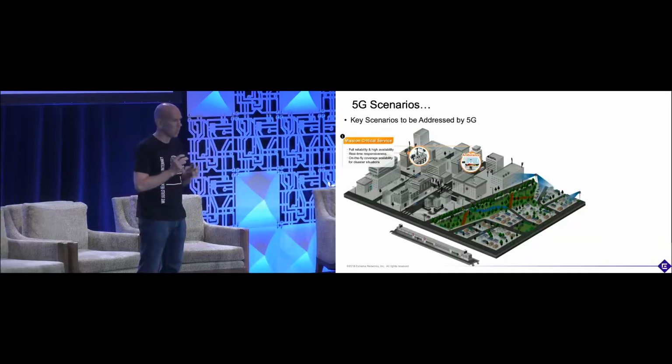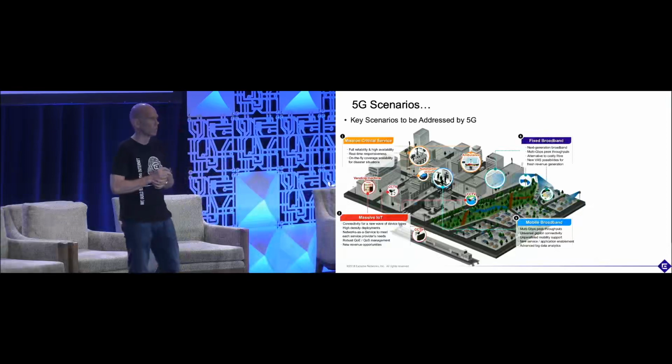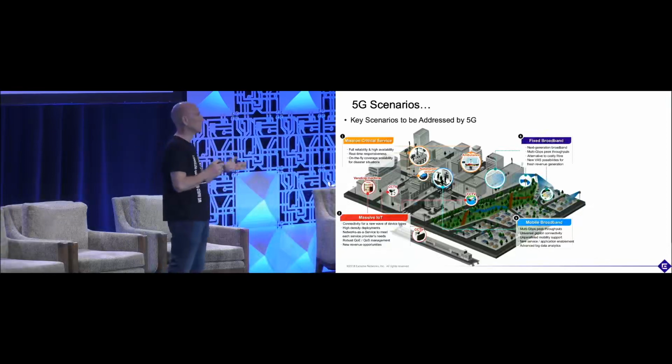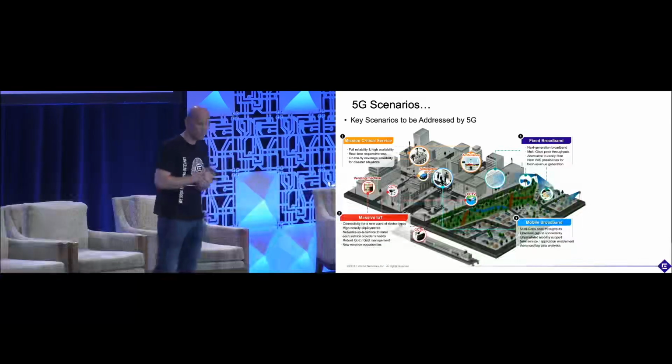So there's a lot of interesting applications around that. You have the autonomous driving, as I mentioned, and then you go into massive IoT, as I mentioned. You have your fixed and your mobile broadband. So this is just to give you a few examples of obvious use cases for 5G.